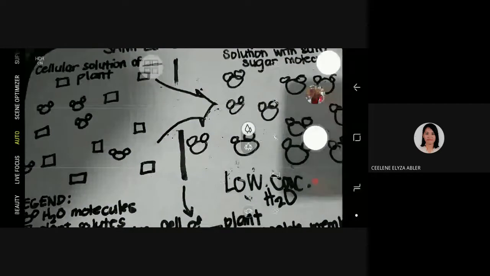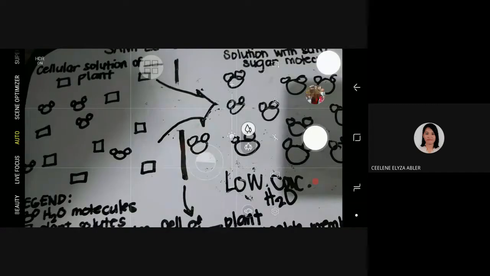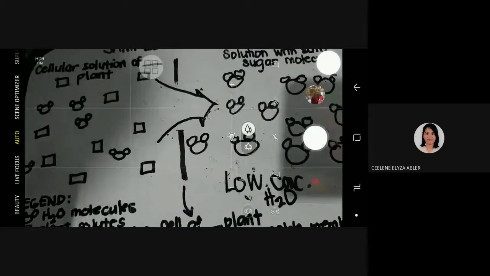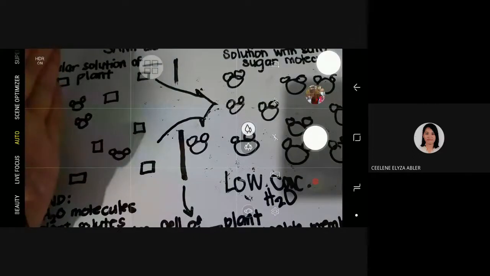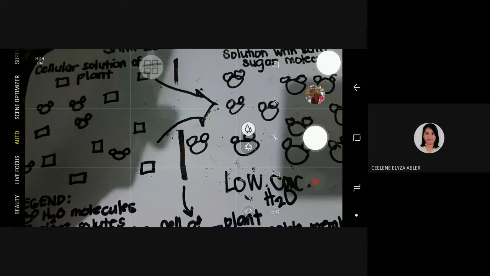Okay, nandyan na siya. So what if ganyan na siya? So ang net movement naman ng water, ang osmosis naman, class, is from a high concentration, which is on your right side of water, down to a low concentration, which is the side here, na nasa loob ng iyong cell.